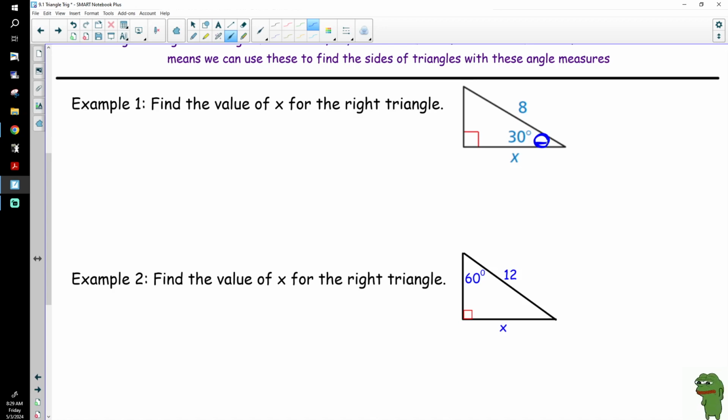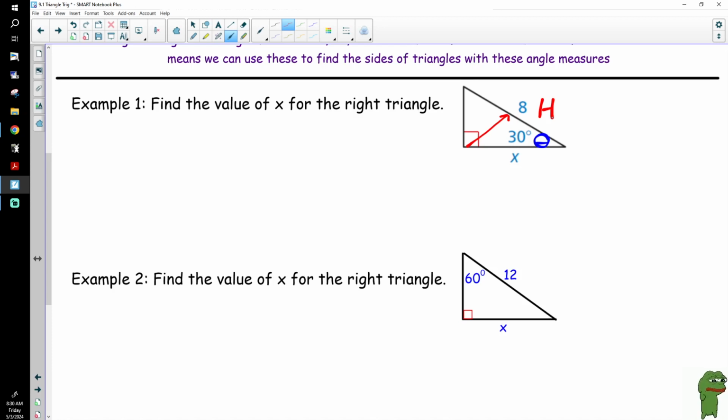Now I need to list what sides do I have, what sides am I looking for. If I start at the 90-degree angle and draw a line diagonal across my triangle, that means 8 is my hypotenuse. So I'm going to write an H for hypotenuse. X is either going to be the opposite or the adjacent.